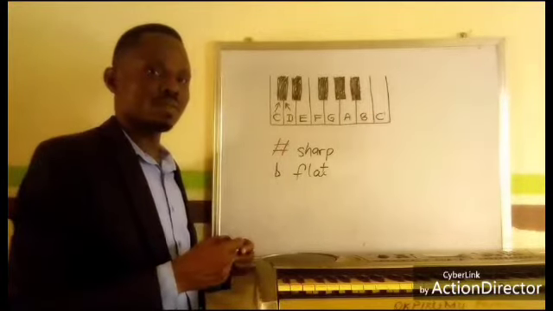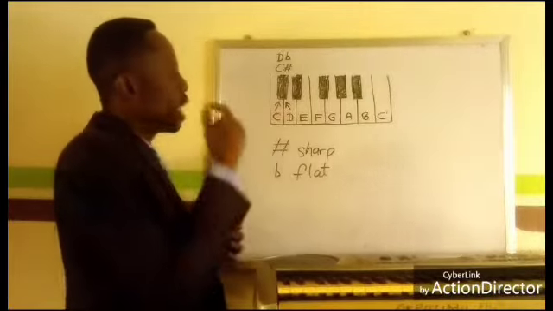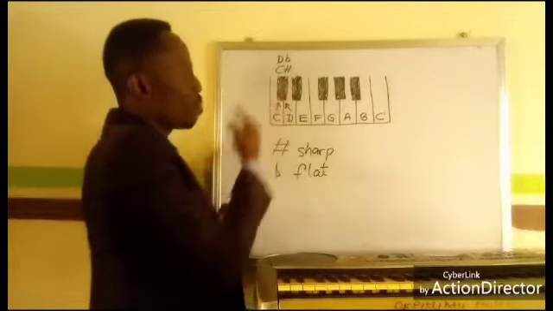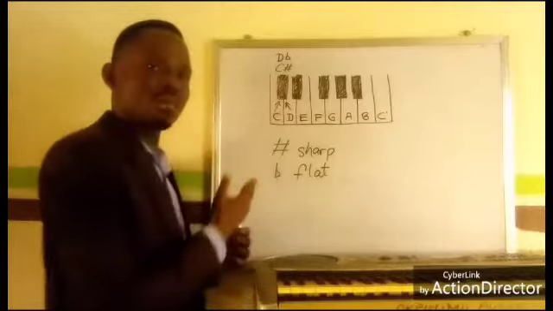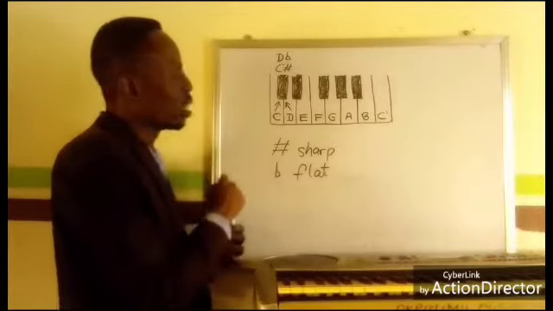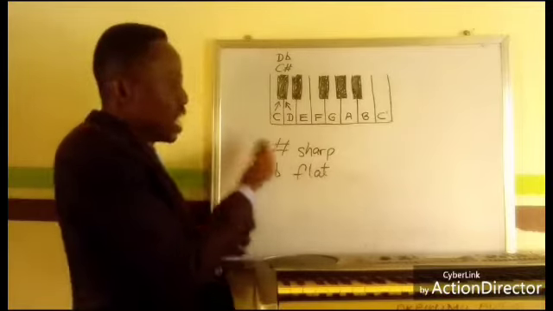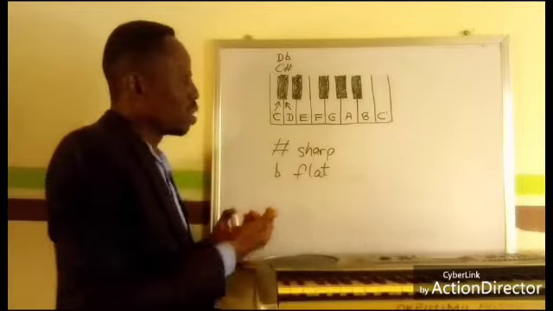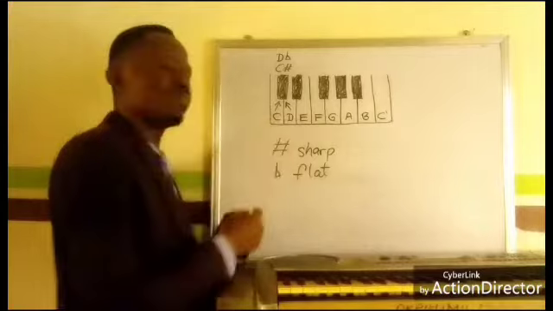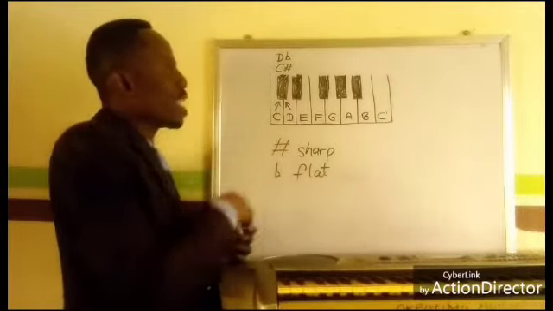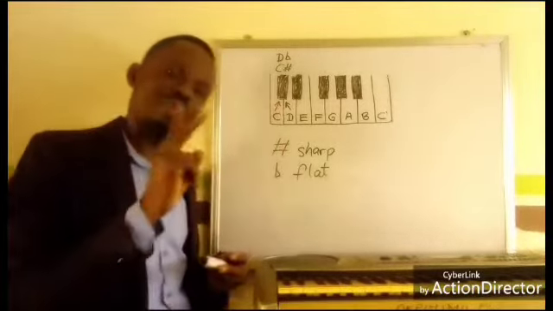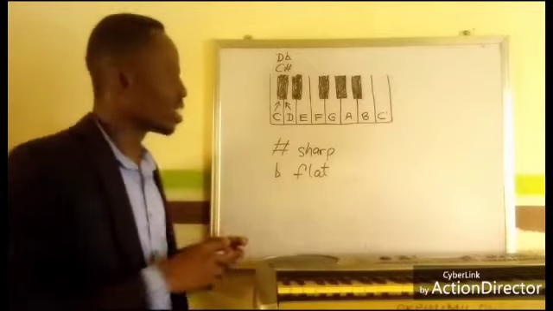So this note is both C sharp, raising C by a semitone using the sharp sign, or D flat, reducing D by a semitone. By placing a flat on a D, it becomes D flat. So this note has two names. That is interesting.